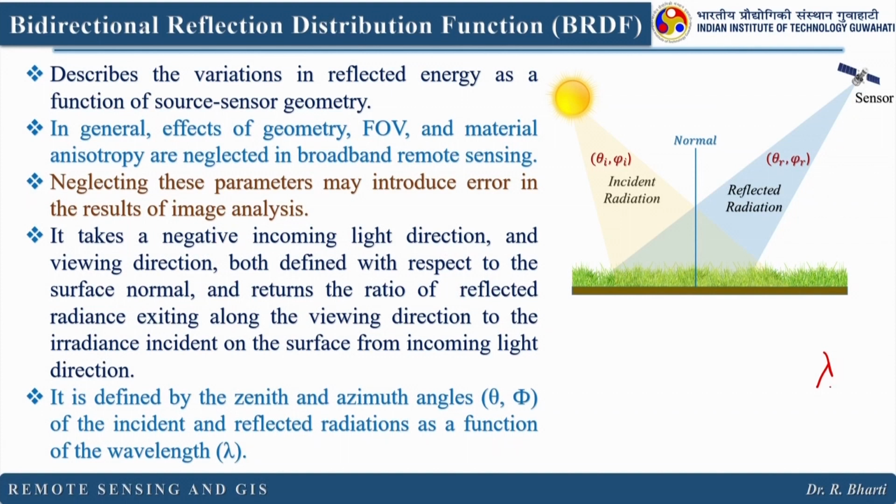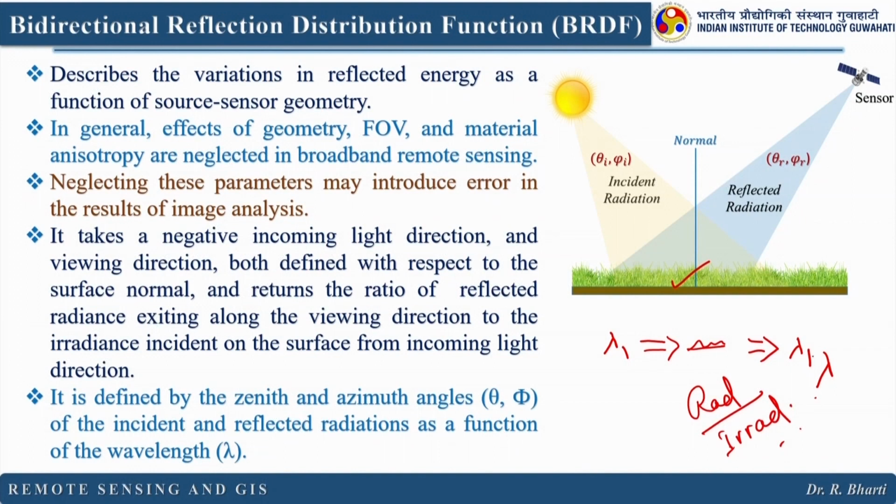So, I will give you one example, like the sun is continuously illuminating this particular surface, right. If we say lambda 1 energy has been used to illuminate this surface, and radiance is also measured in lambda 1 wavelength, and then when we divide radiance by irradiance, that will give you reflectance.